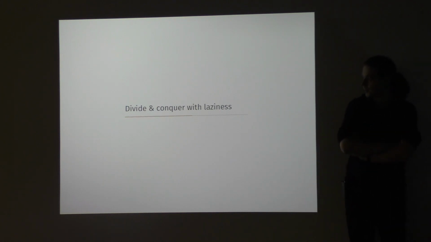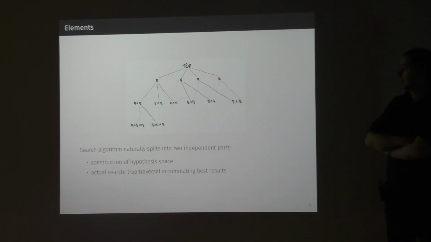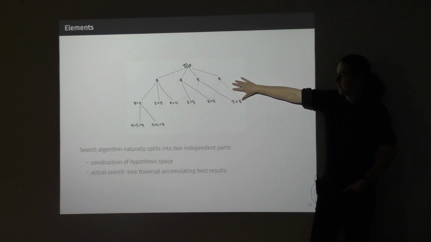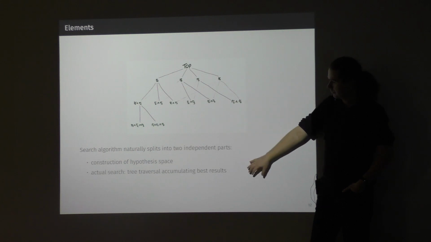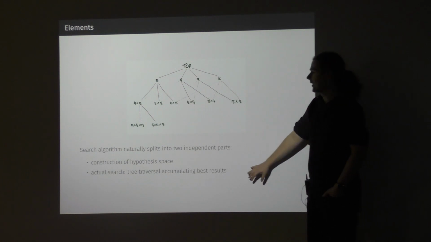We split the problem into two parts. The two very natural parts are, first, construct that hypothesis space, and second, do the search. Those things are actually quite independent, not totally, but in principle.